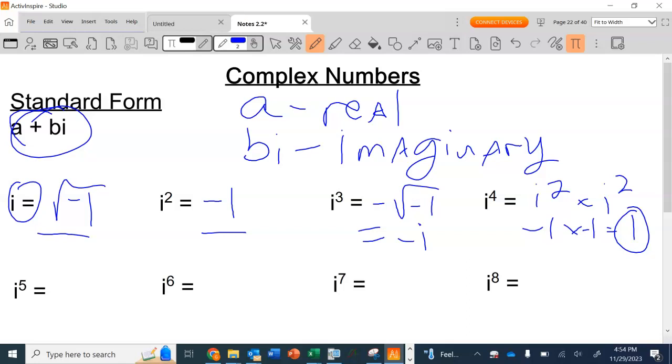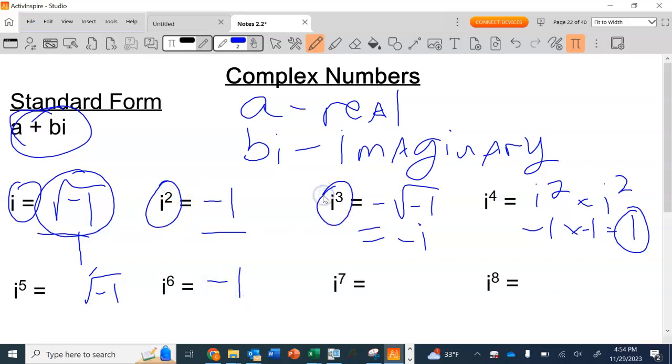For instance, i to the fifth has the same answer as i. I to the sixth has the same answer as i squared, which would be -1. I to the seventh has the same answer as i cubed, which is -i. And i to the eighth has the same answer as i to the fourth, which would just be +1. Then the cycle repeats itself in patterns of 4.